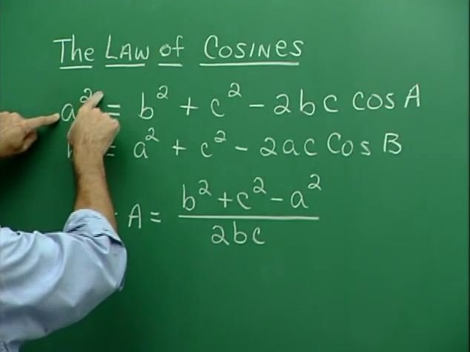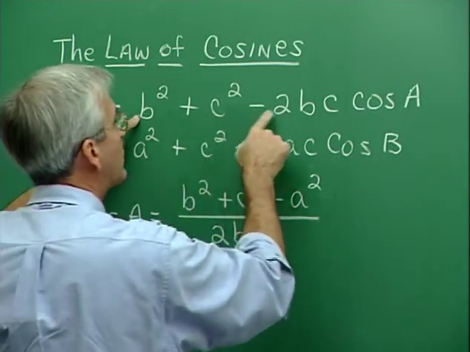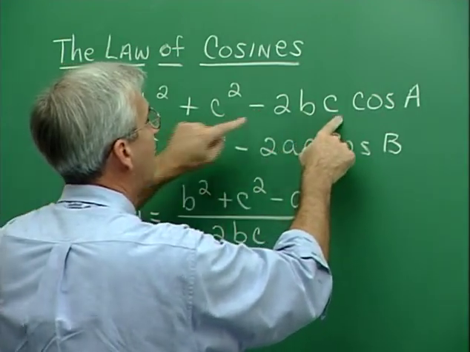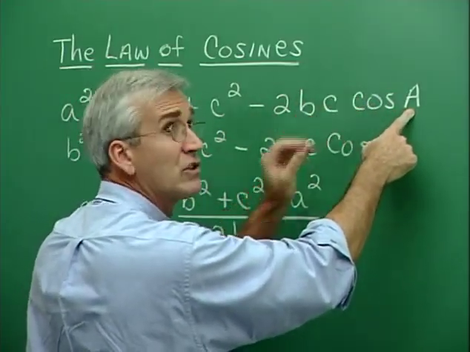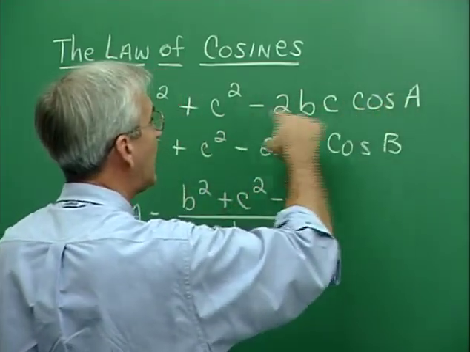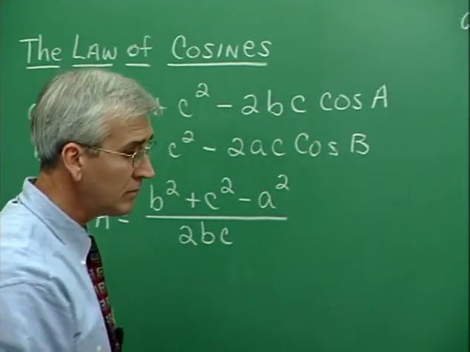So we'd have the hypotenuse squared equal to the sum of the squares of the other two sides minus 2 times those other two sides times cosine of a right angle. Well, the cosine of 90 degrees is 0, so this term completely goes out and we have the Pythagorean relationship, as we might expect.